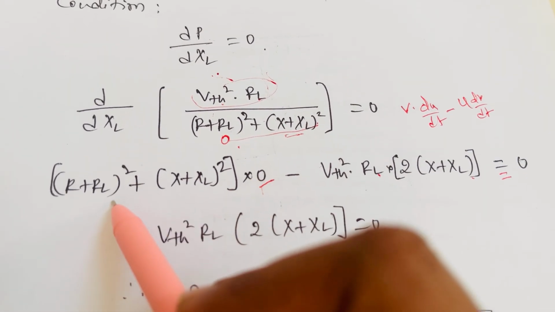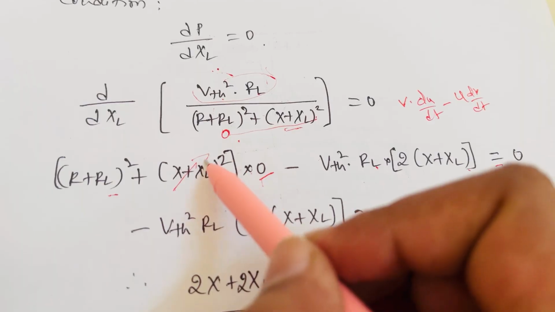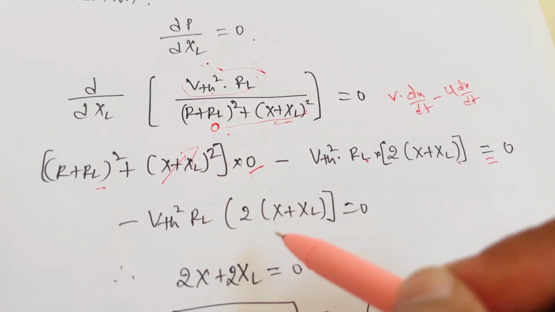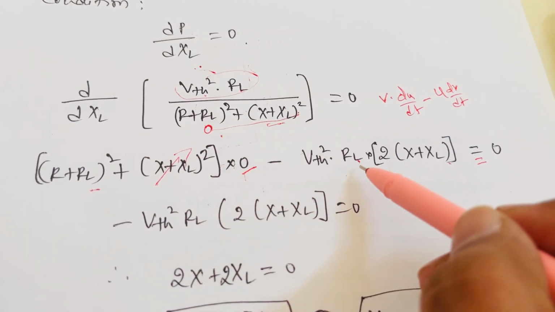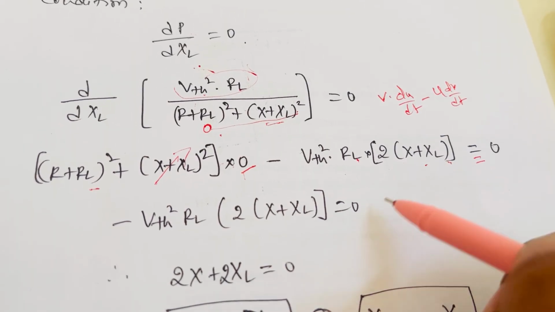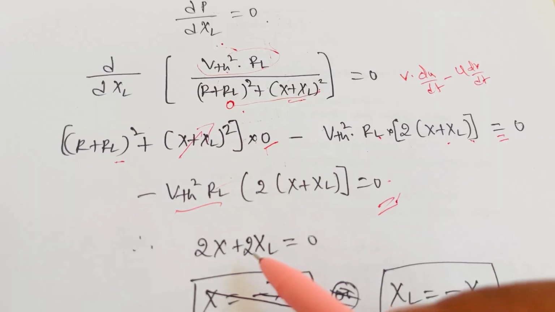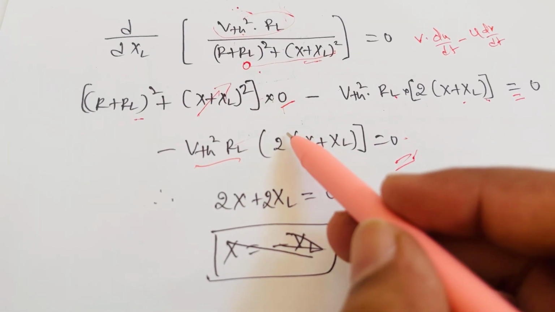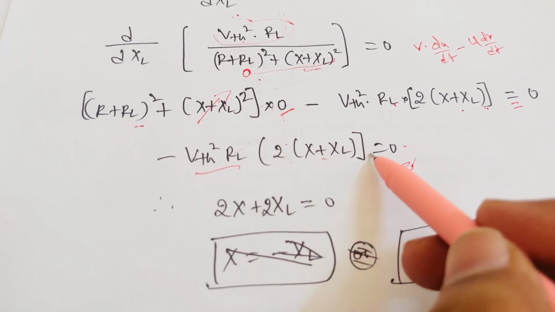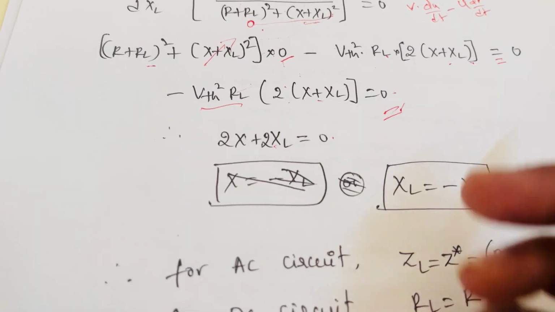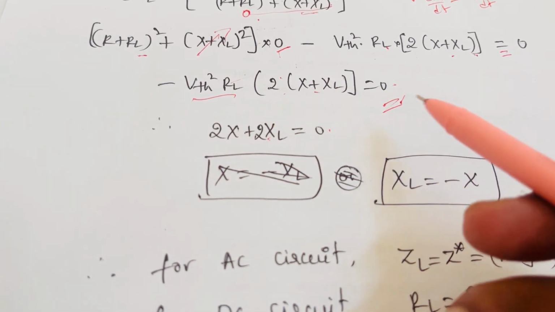Then VTH square minus VTH square RL into 2 into (x plus XL) equals 0. Sending this to the right side, you will get 2x plus 2XL equals 0. Therefore, taking 2 common, sending it to the right side, that will be 0.